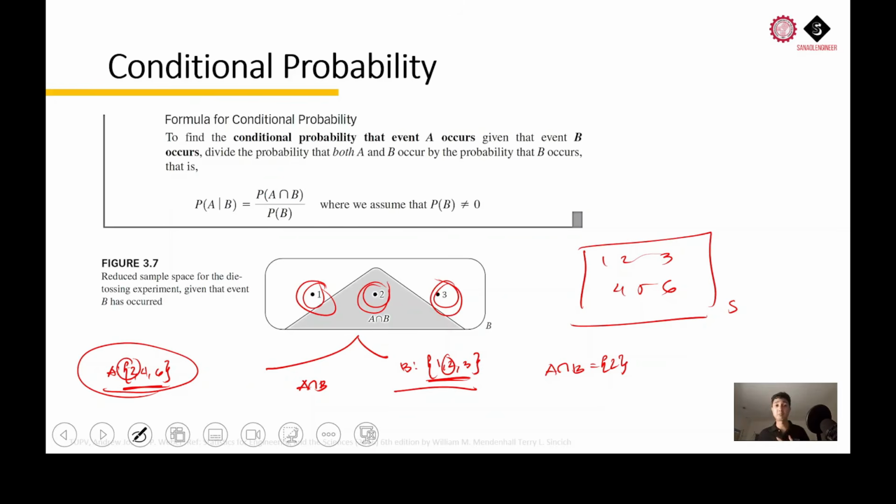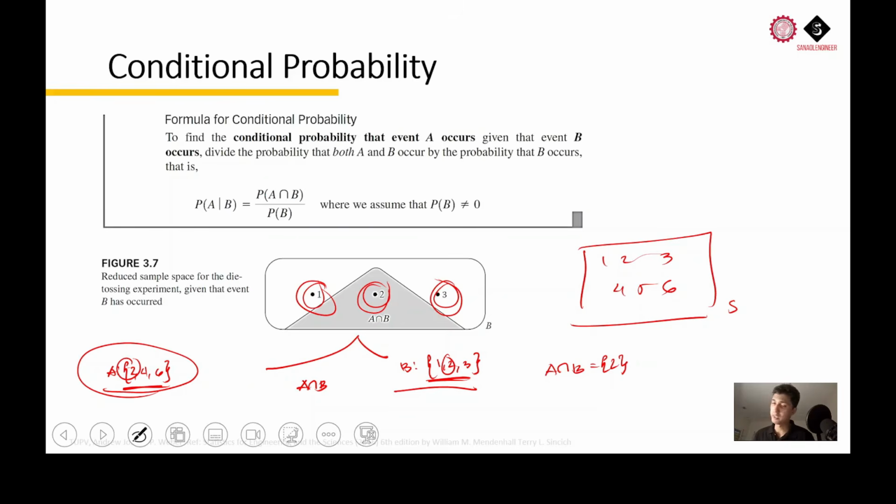So that's conditional probability. Let me read the formal definition. To find the conditional probability that event A occurs, given that event B occurs, you have to divide the probability that both A and B occur by the probability that B occurs. And how it reads is the probability of A given that B occurs.